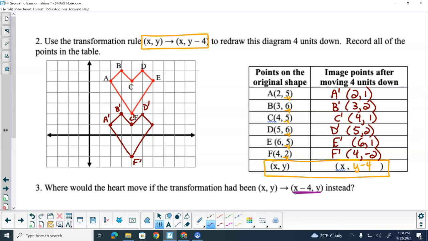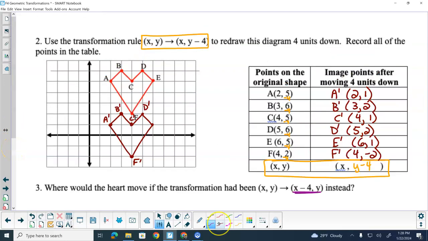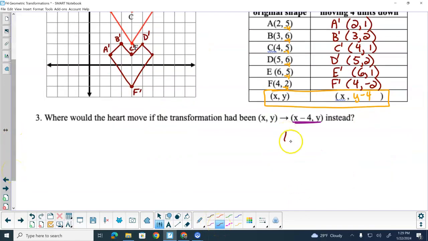Moved left, how many? 4, right? Because that's how many it is. The heart would have moved left 4. Okay? So those are the 2 different ways, methods, if you will, to do these geometric transformations.